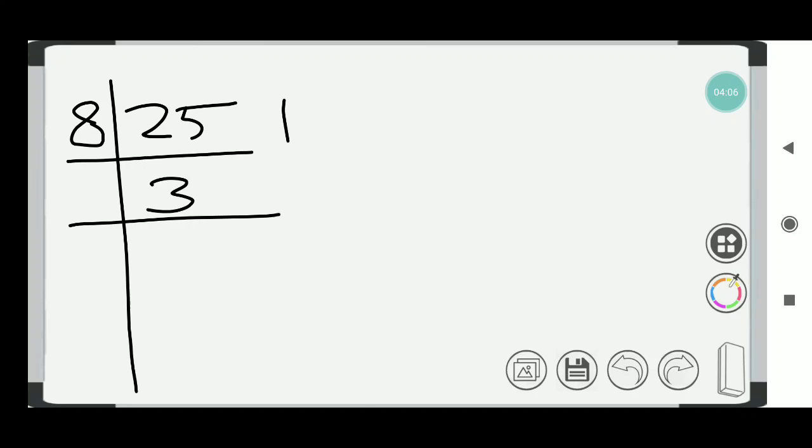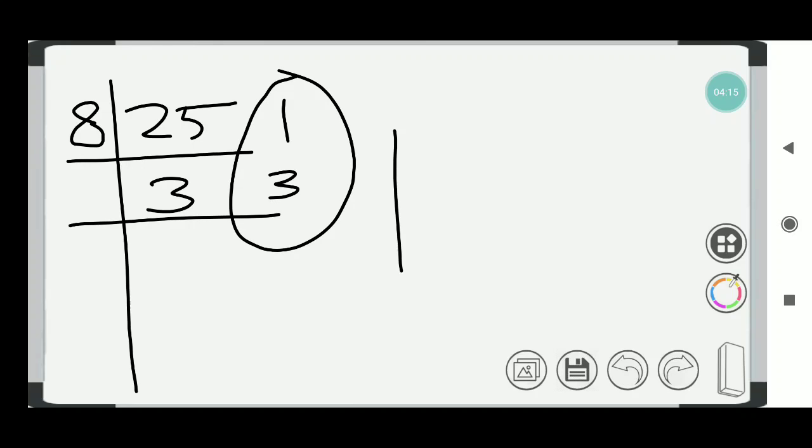Okay, now we will take 3 here, so these are the remainders and in this case also we have to write it from downward to upwards. Okay, so first is 3 and another one is 1. So write 3 first and then 1.